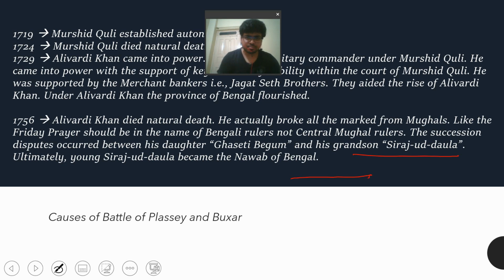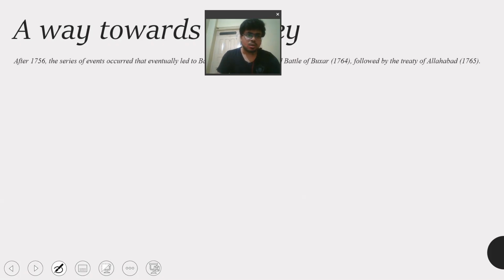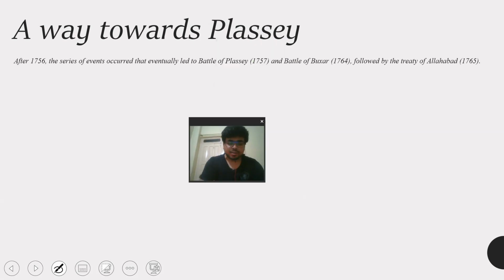All those things were just a build-up of the causes of the Battle of Plassey and Buxar, but more reasons are there, and we will see them in the coming slides. In the end we will see all those things as well for this topic.